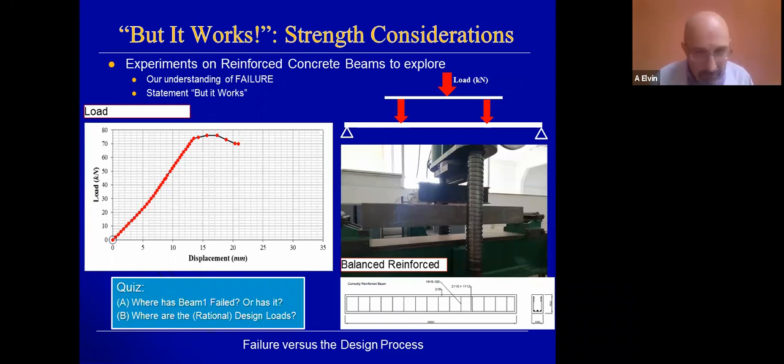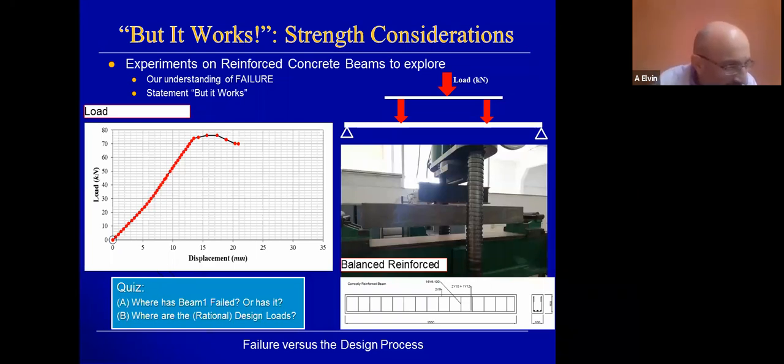Next question, to answer some of the questions that were posed. Where are the rational design loads? Can anybody tell me? So this load has gone from 0 to about, what, 76, 78 kilonewtons. How much is the rational design load? Can anybody tell me? It's a test to successful failure. Oh, no, I'm afraid that person doesn't understand the question.